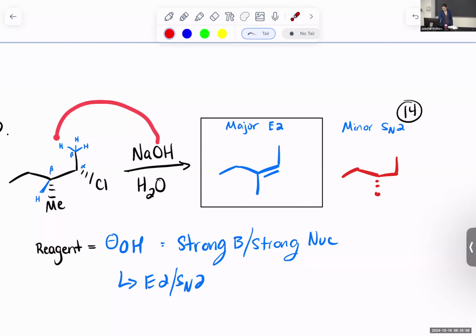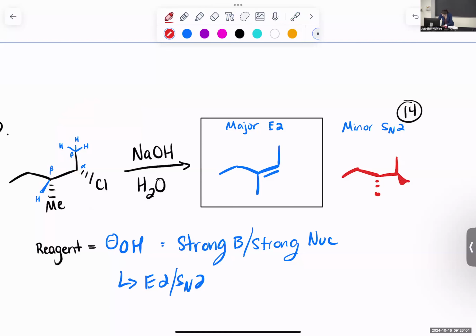So it's going to come and push out that chlorine. So that means that my alcohol ends up on the wedge, because that's an inverted stereochemistry. SN2, it still has to be attached to exactly the same carbon. It just came from the opposite side. So we can illustrate that by doing a wedge instead of a dash.